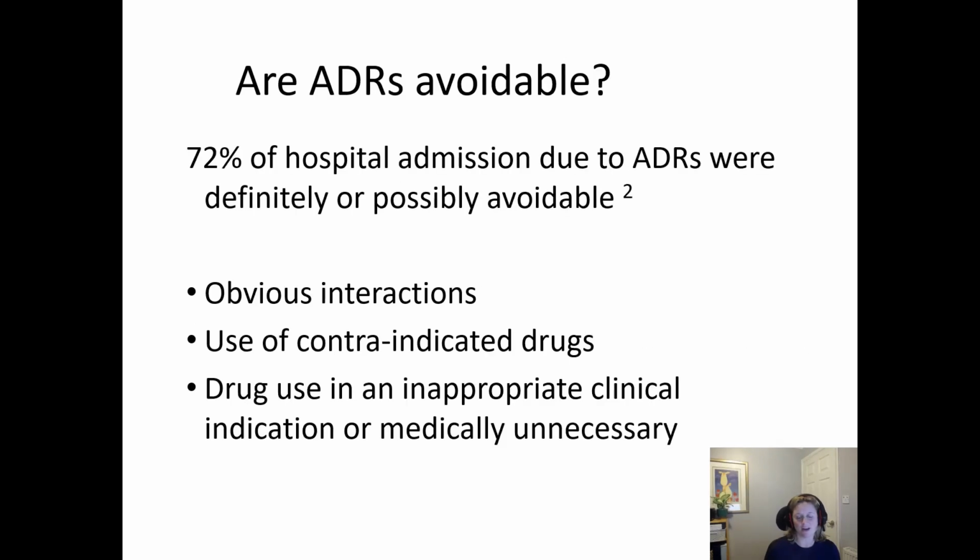So we know that adverse drug reactions can be very harmful for patients, but actually the good news is that most adverse drug reactions can actually be avoided, and some of those can be avoided by actually thinking about interactions. So we talked earlier about anticoagulants, so drugs used to stop a patient having a blood clot, and it increases the patient's risk of bleeding or bruising.